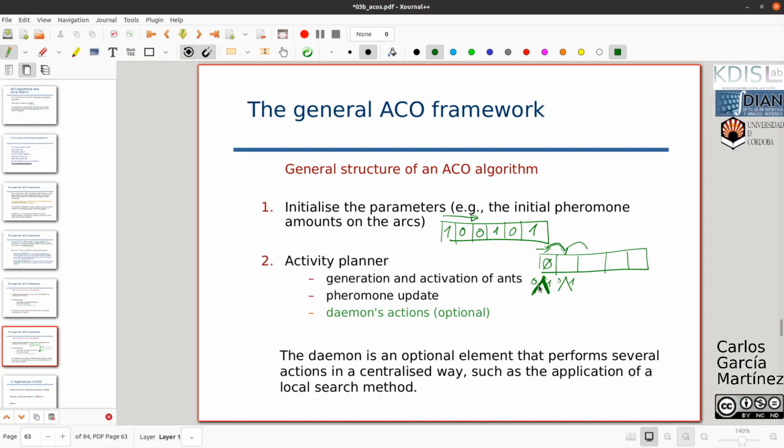Well, here the heuristic information might be, for instance, the heuristic information of the NAP/SAP problem for setting this decision variable to a 0 or a 1, or so on.